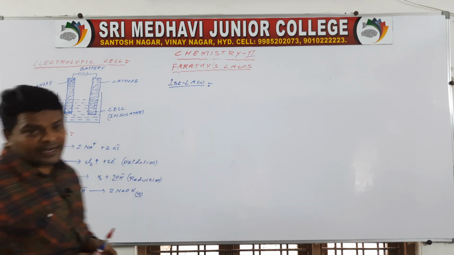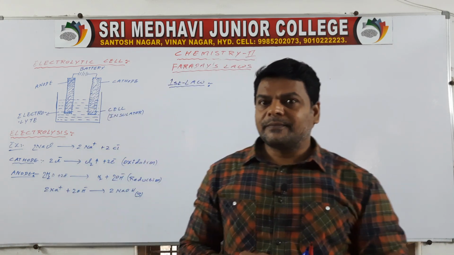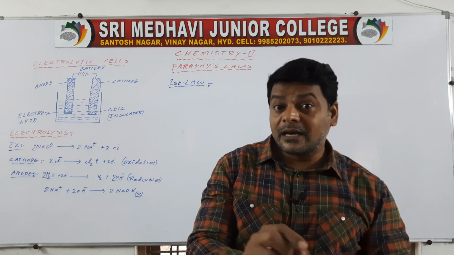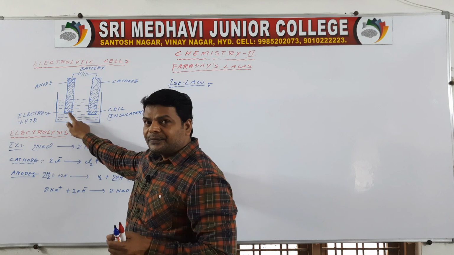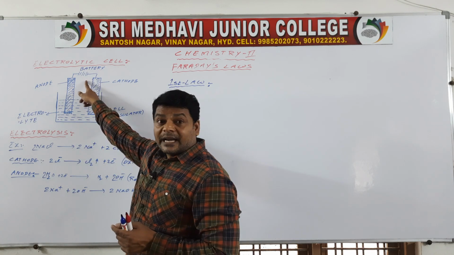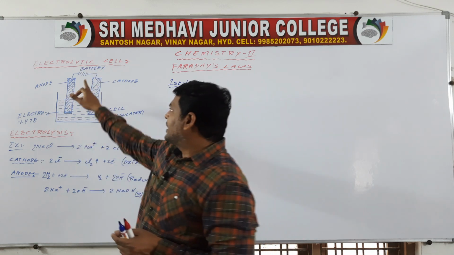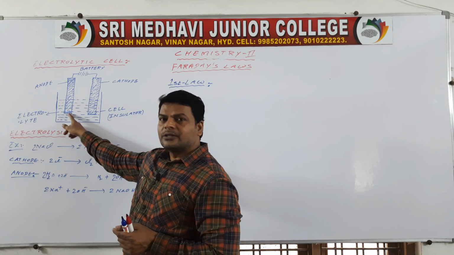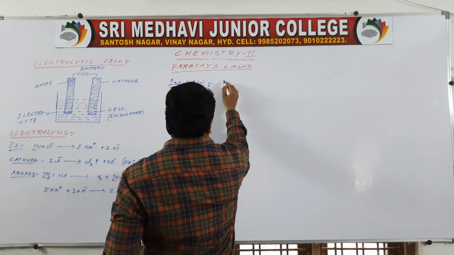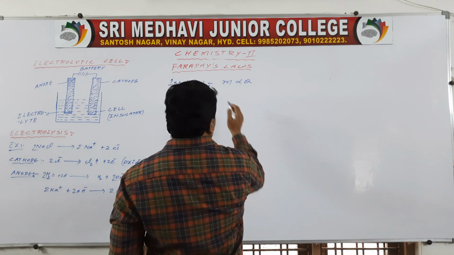Okay, what I mean to say is Faraday's first law means the amount of substance deposited or liberated or dissolved at an electrode is directly proportional to the current which we are passing through the battery. So M is directly proportional to current.